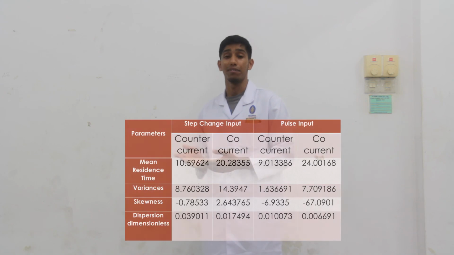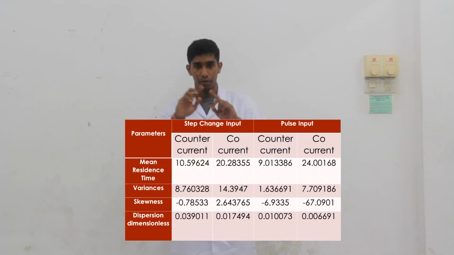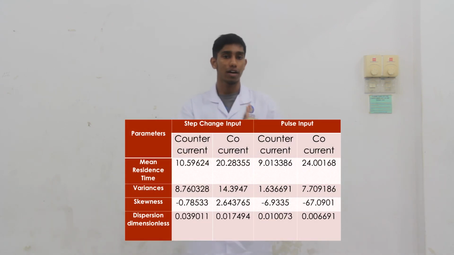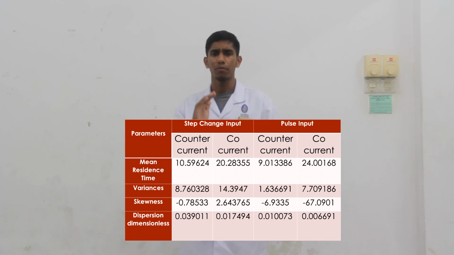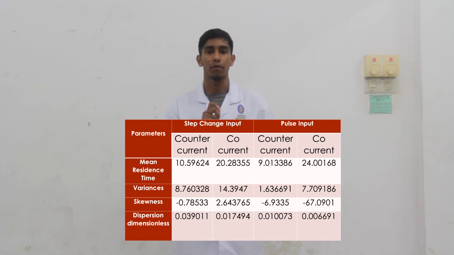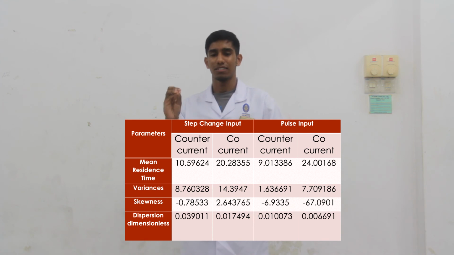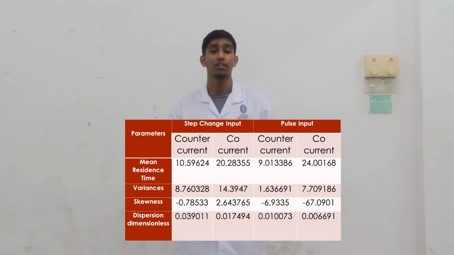As you can see from the table that I showed in our previous slides, when you compare co-current and counter current, especially for residence time, the residence time for co-current is longer than the counter current.